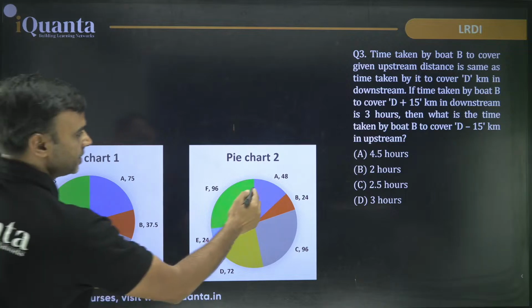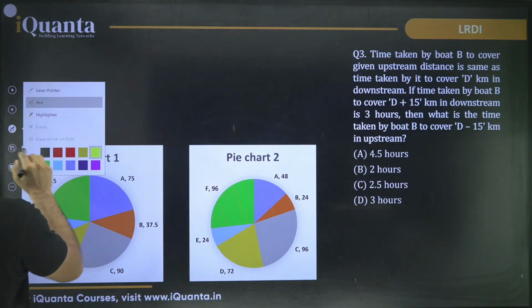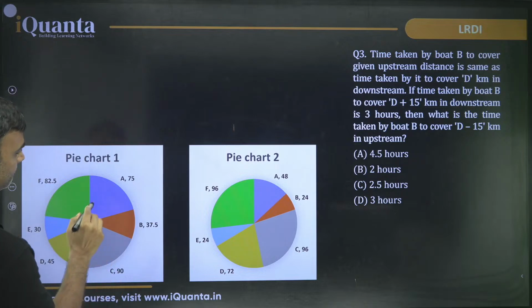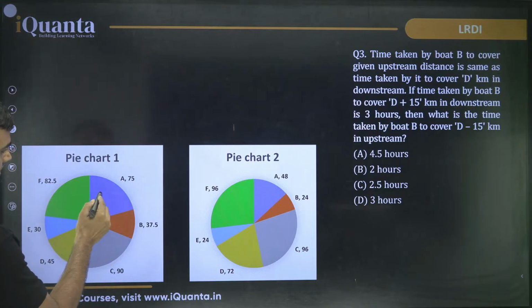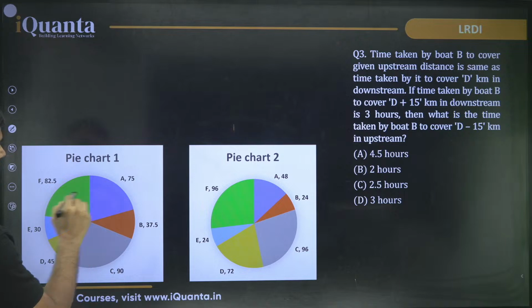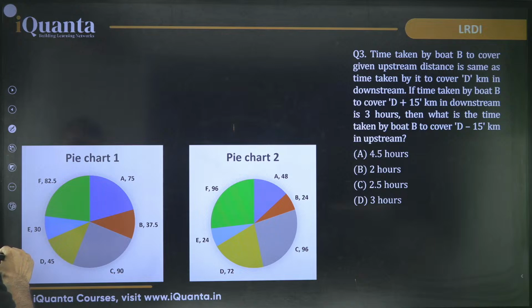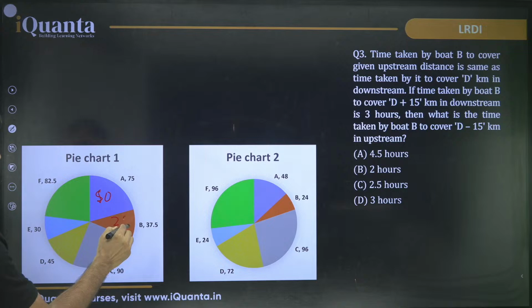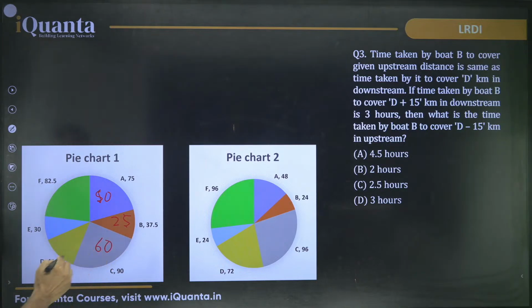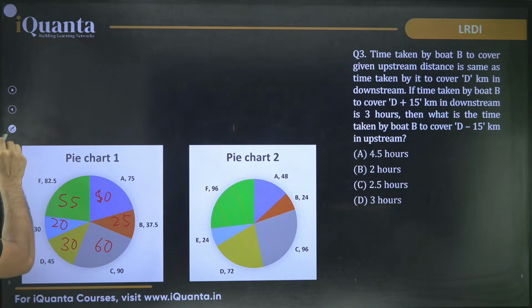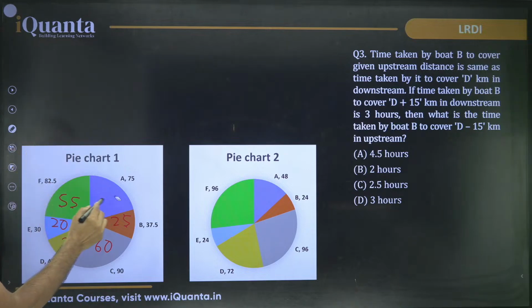I'll just write the distances and the speed again. 75. All right.